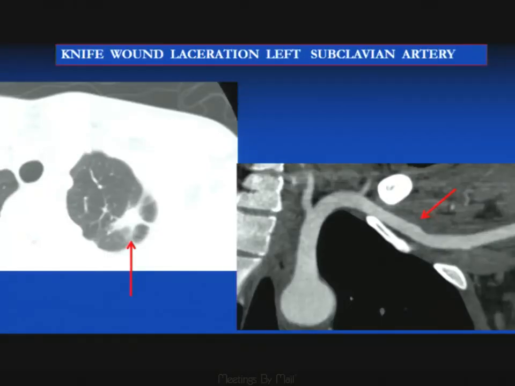On the opposite side of the coin, here's a patient who got a stab wound into the upper thorax, and this is a case where we believed we had a slight contour irregularity of the subclavian artery just beyond the costoclavicular space. That probably represents intimal trauma, not something that needs to be attended to surgically, but to recognize the fact that these injuries can, in fact, be subtle.